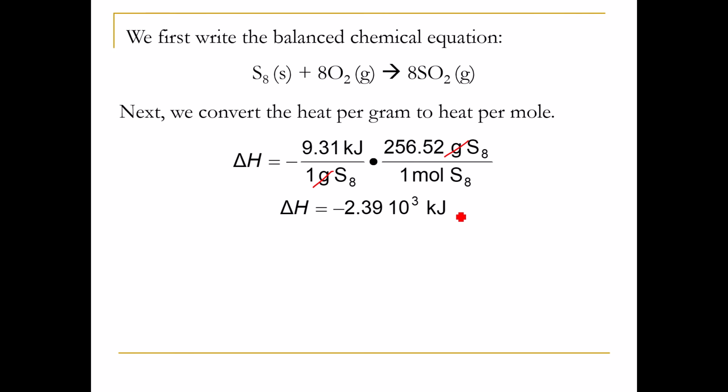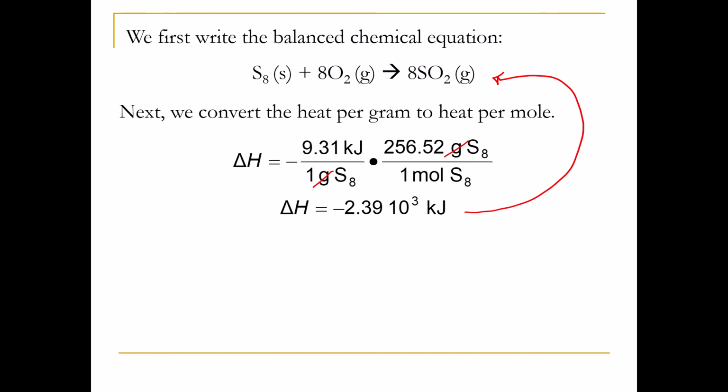So the mole is not written here for the units, it's just going to be the kilojoules, because we want to be able to apply this delta H to everything in this equation. So even though we used sulfur in order to calculate the Q, we could also find the delta H based on the amount of SO2 that was made, for example.